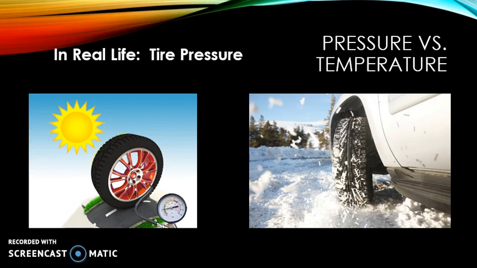So I know that we can drive through the snow, which is extremely cold, and I know that in the winter time, the tire pressure tends to be a little bit low at these low temperatures. But then we also drive our cars in the summertime, and with those increasing temperatures, the tire pressures can also increase. So as a method of safety, we should usually check our tire pressures before we go out driving.